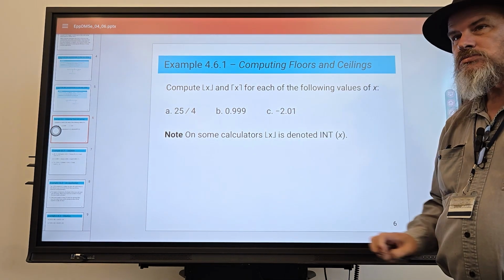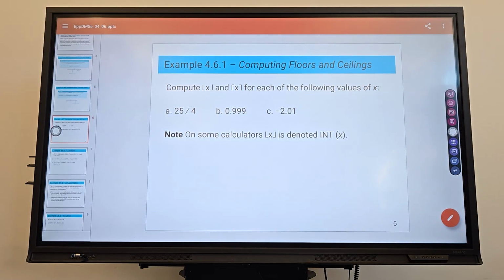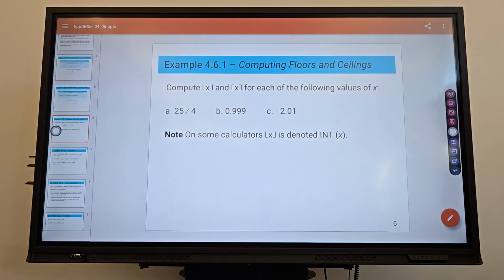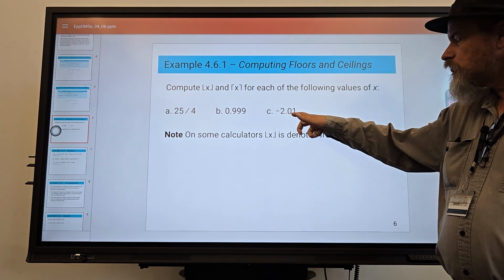B, floor and ceiling. No calculation really needed there. The ceiling would be 1. Floor would be 0. Now this one's a little bit trickier.